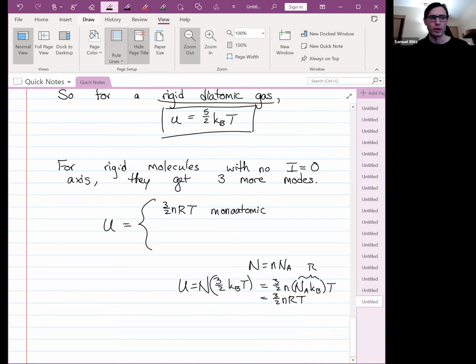And the same sort of argument works for the more complicated molecules. So for a rigid diatomic molecule, the energy in the gas of n moles of that gas is 5/2 nRT. And for a rigid polyatomic molecule, I wrote polynomial, I need to fix that in my notes.